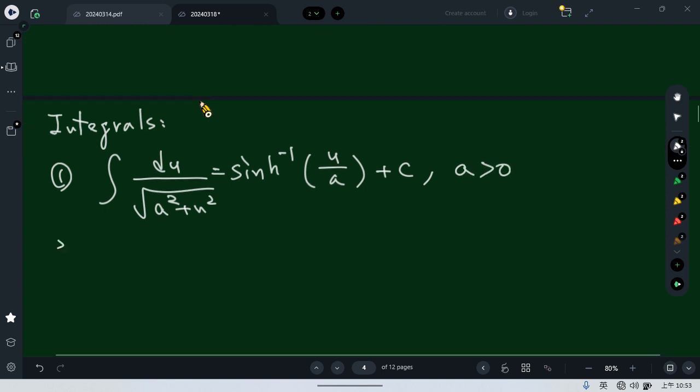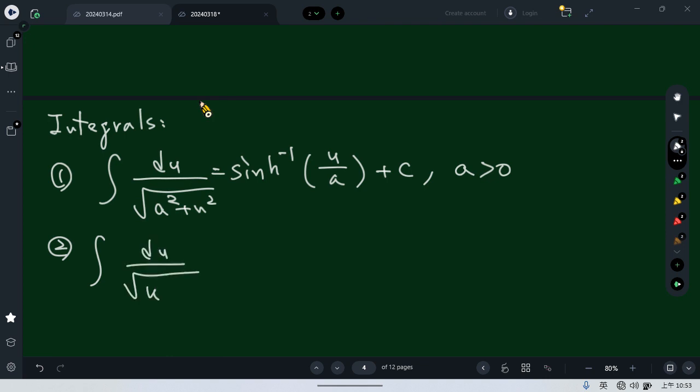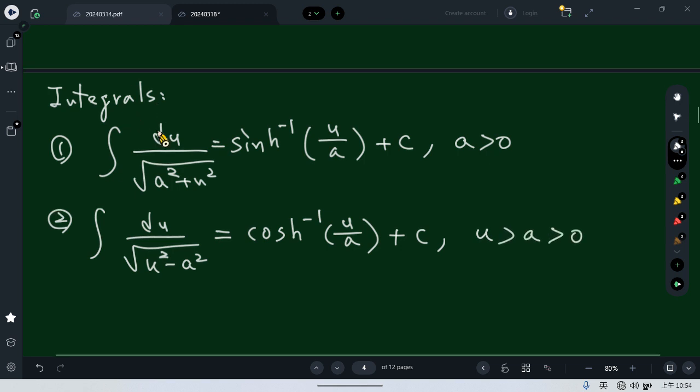The second one is, when we integrate 1 over the square root of U squared minus A squared, then we can get the arc hyperbolic cosine function of U over A plus C. Then U must be larger than A, larger than 0.